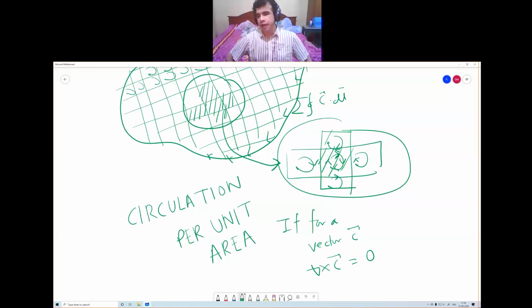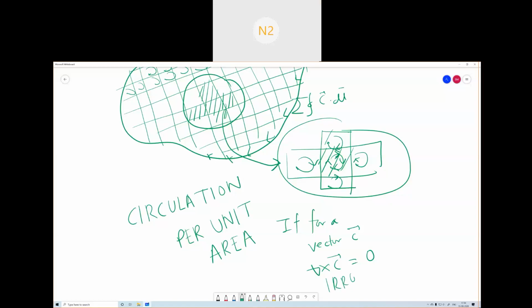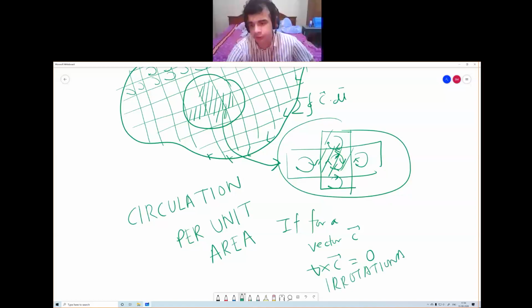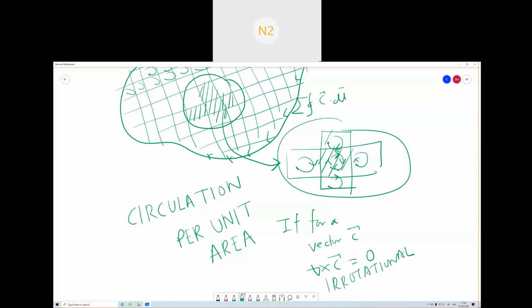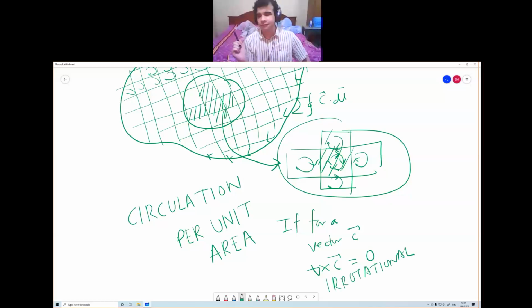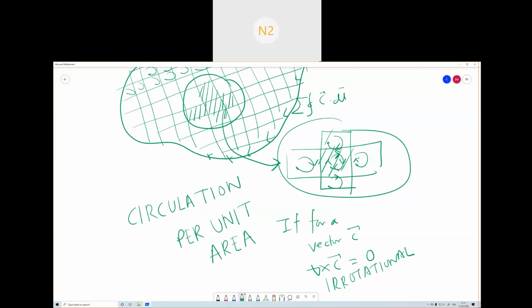Irrotational vector. Very good. It is called irrotational. And if the divergence of C was 0, then what is it called? I told you last class. Solenoidal vector. Excellent.